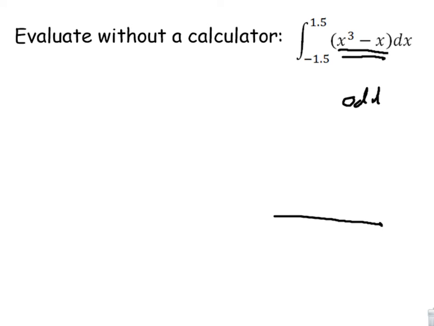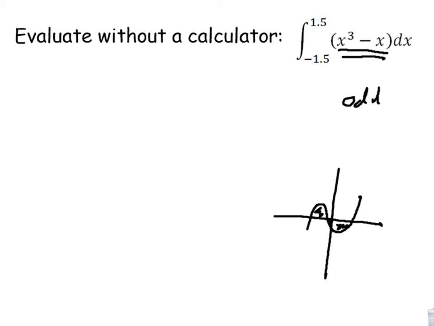Odd functions, remember, are symmetric about the origin. And so an odd function might look something like this. That's supposed to go through the origin. And if we're finding the definite integral, we know this part above is positive and this part below is negative. But since it's odd, these are the exact same absolute value. This is just a positive and this is just a negative.